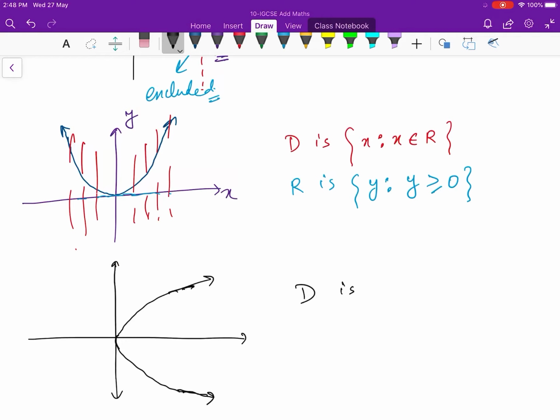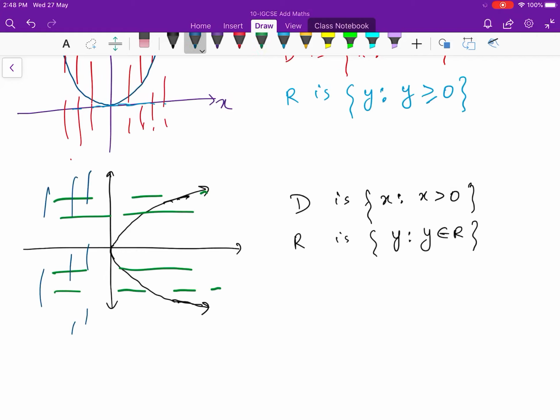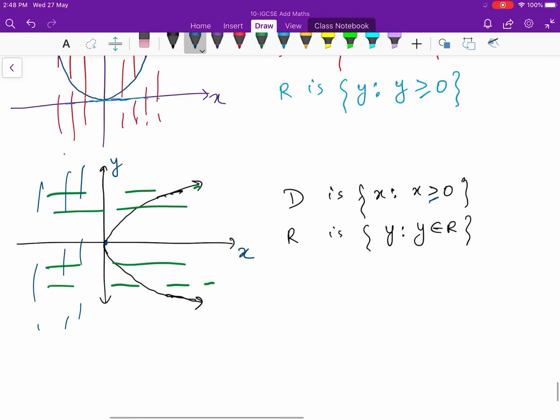Domain is x such that x is greater than or equal to 0, and range is y such that y belongs to R. So y could be anything, because all horizontal lines can intersect this graph, but these vertical lines will not intersect. So all negative values of x are excluded. This is an equal sign because it is touching the origin, so you can say greater than or equal to 0.